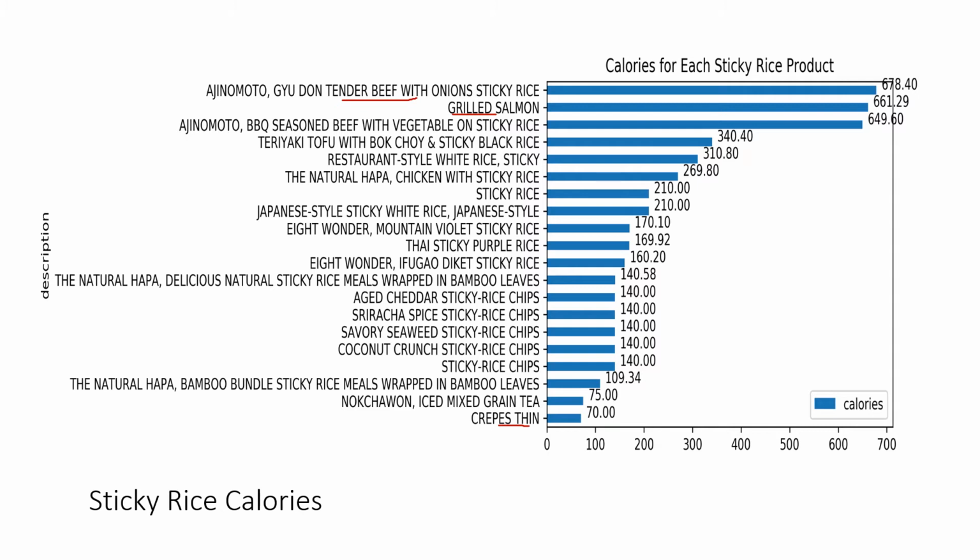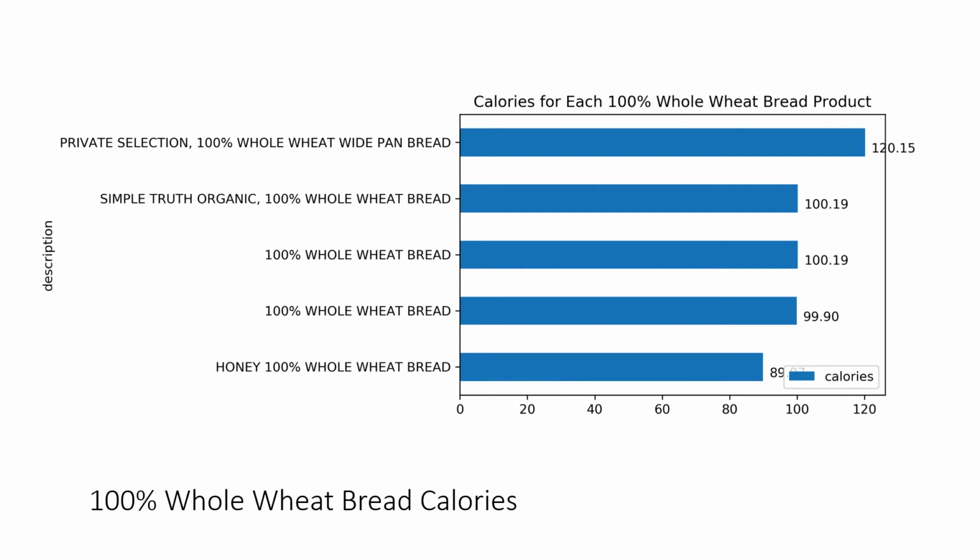Then these food items could be some sort of food that contains sticky rice ingredients, but what we are really looking for is just plain and this capitalized sticky rice item here with the 210 calories.